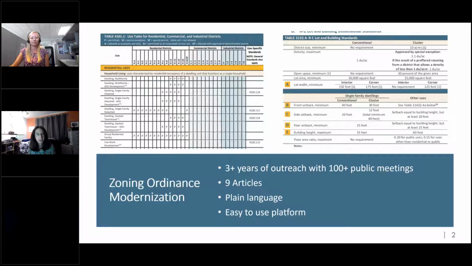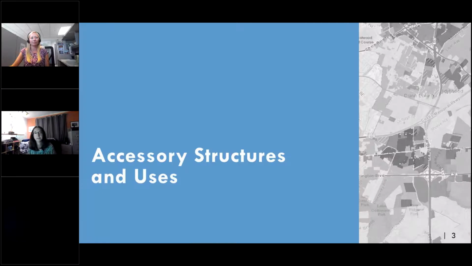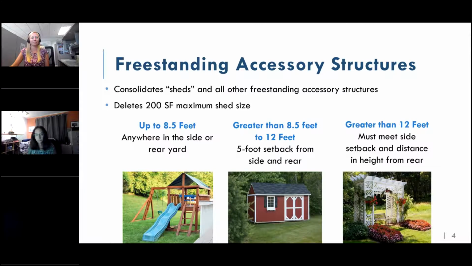But with that background, we'd like to move on today and focus on some accessory structures and uses. So for what we call, in zoning ordinance parlance, freestanding accessory structures, we did consolidate what were previously treated separately: what we would call a shed or an accessory storage structure, and all other types of freestanding accessory structures.